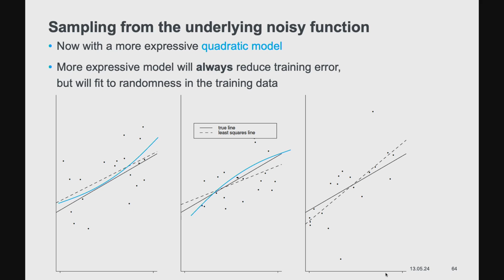Okay, so if I repeat, but please correct me if I understood wrongly. So the colleague said the dashed line is better because it's closer to the true line, and the blue line would overfit. Okay, so this was one opinion.